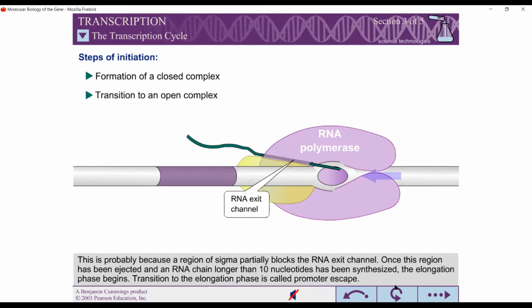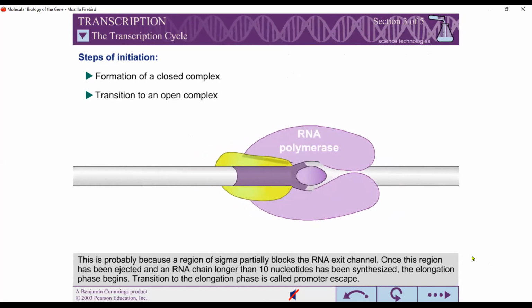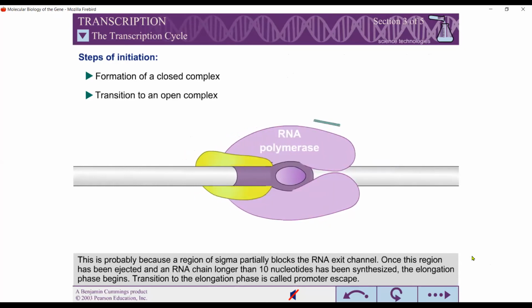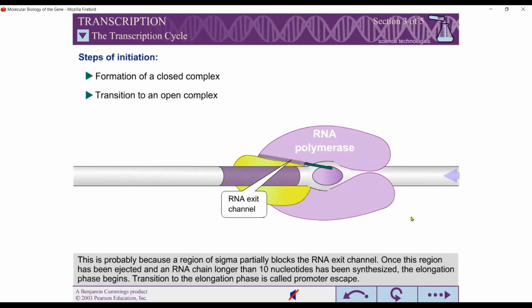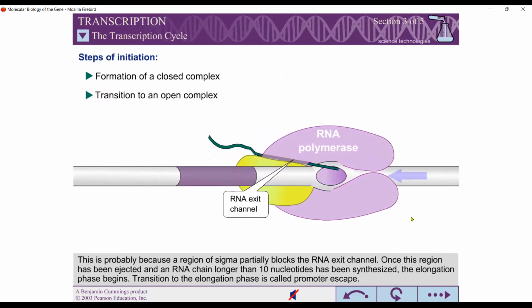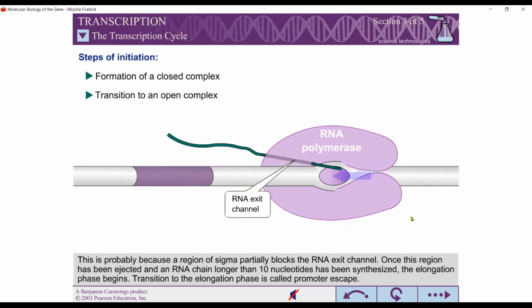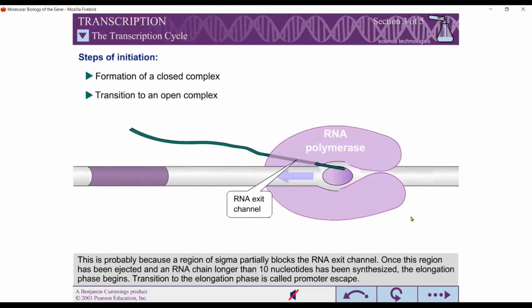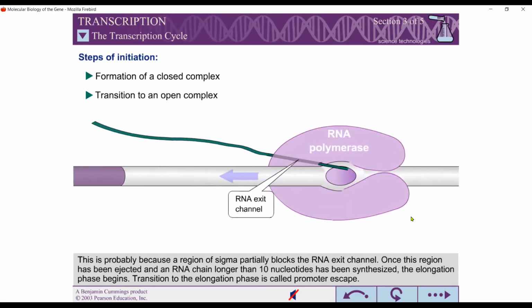So I'll go over this once more. See, the RNA exit channel is not open. Only when sigma changes its position does the exit channel open, and the RNA polymerase escapes the promoter region.